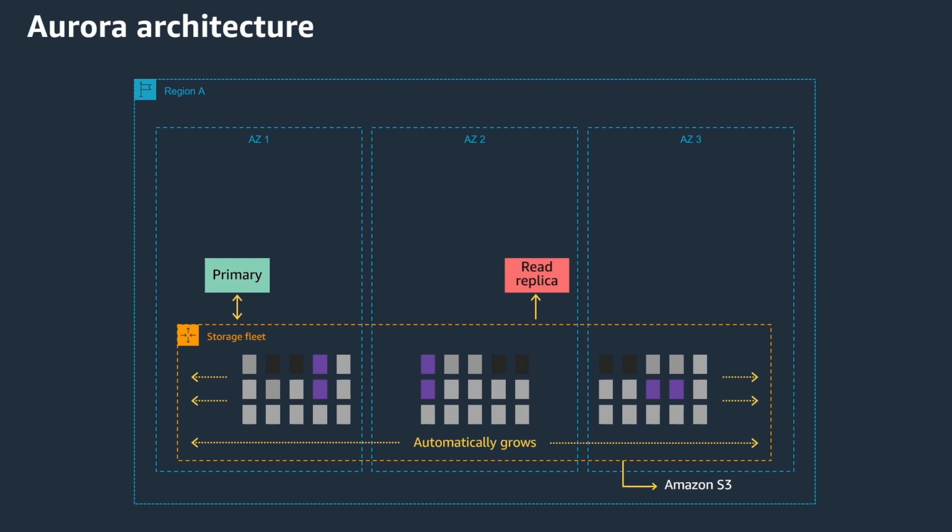The Aurora storage subsystem can grow and shrink automatically as the database grows and shrinks. Amazon Aurora can have a single primary node, which is a read/write node, and up to 15 read replicas. We can also define auto-scaling policies that can spin up and spin down read replicas based on the workload. The primary node can scale up and down in provisioned mode, and when you make sizing changes on the primary node, that usually requires a restart.